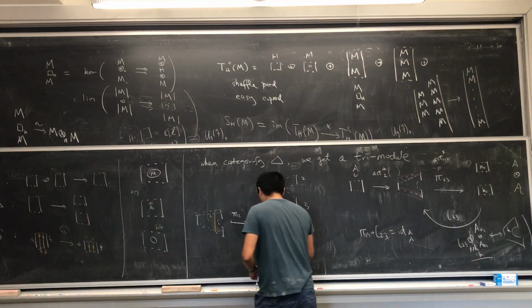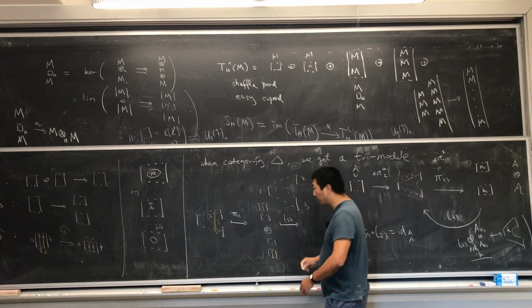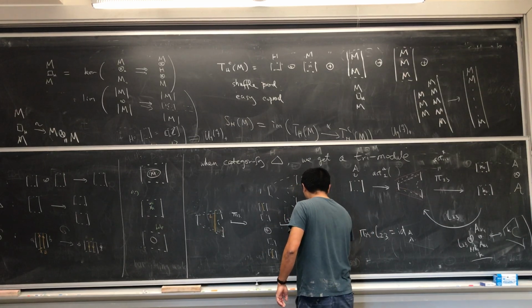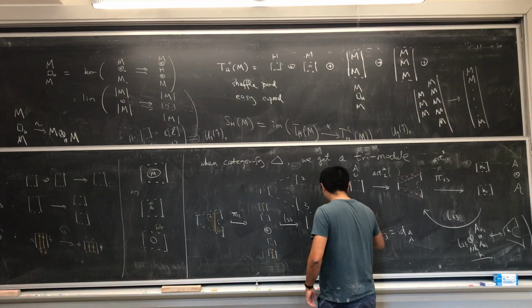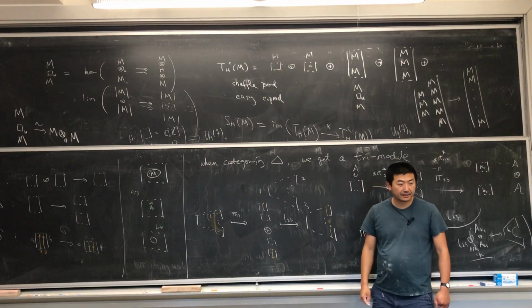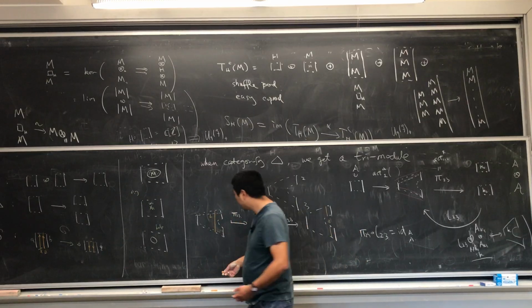However, if you apply pi 2,3 and then iota 2,3, then act into here, what do you get? You get this guy direct sum with this guy. It's no longer the same as that guy. What's the difference?